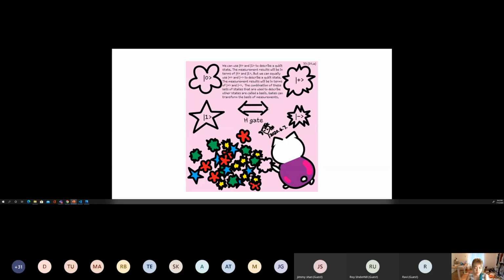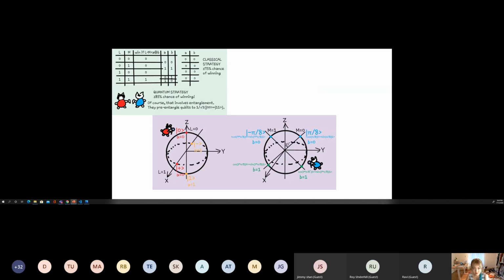Just a reminder, you could measure things in the basis of 0 and 1, and then your output would be some probability of 0 and probability of 1. But you could also measure along a different basis. Say you measure the quantum system in the plus and minus basis, then your output would be aligned to either plus or minus with some probability. And this is what Alice and Bob will use for their strategy.